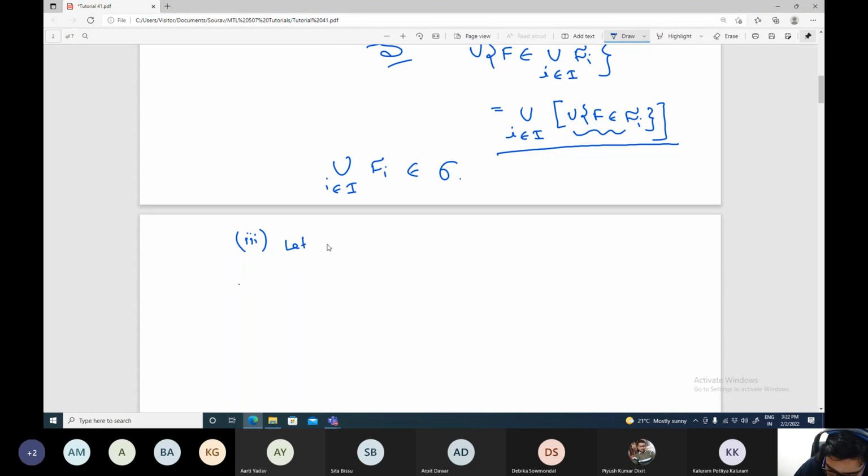Let F1 and F2 belong to sigma. You have to prove that F1 intersection F2 belongs to sigma.